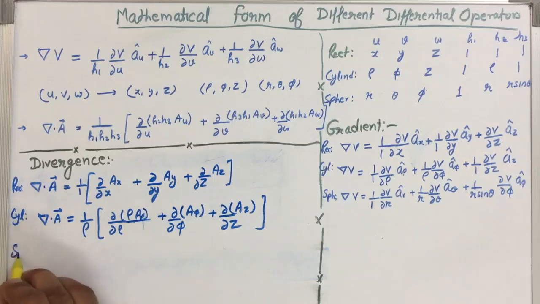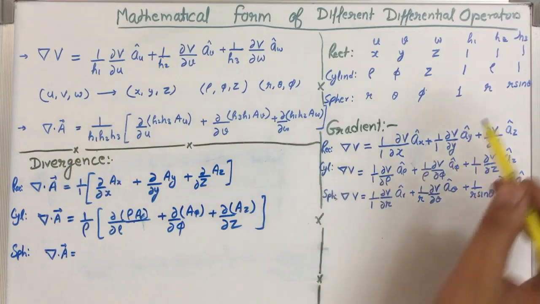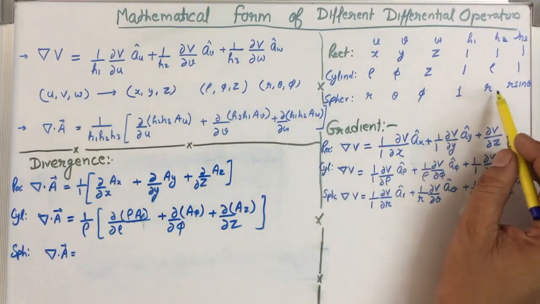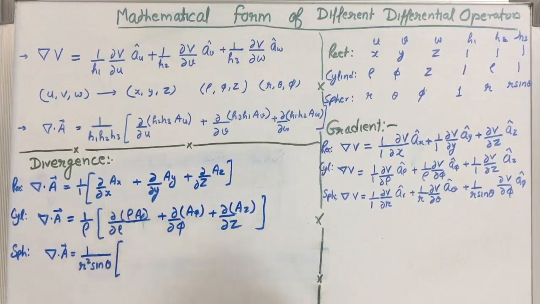In the case of spherical, the divergence can be written as 1 by h1, h2, h3, which is 1 by r square sine theta for all.